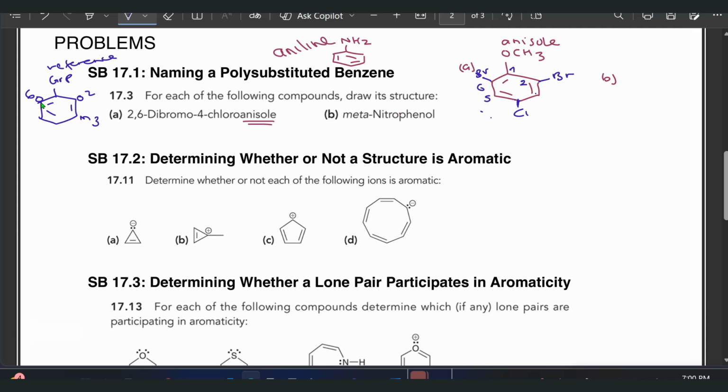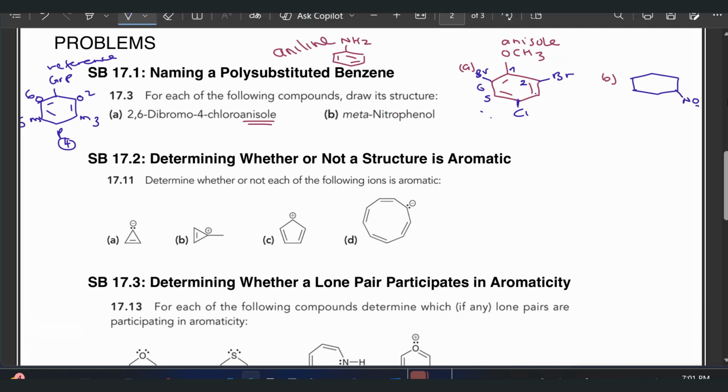Meta is position 3 or 5. Para is always position 4, opposite. Next door is ortho, 1 carbon over is meta. Yeah, that's how I remind myself.